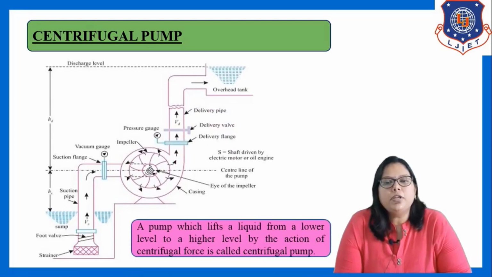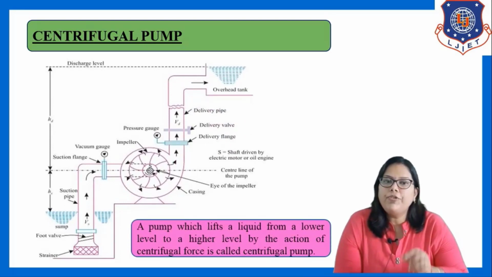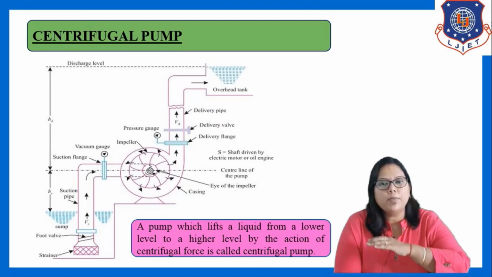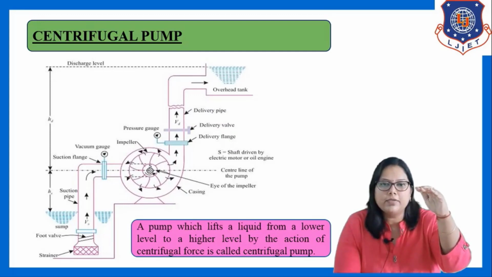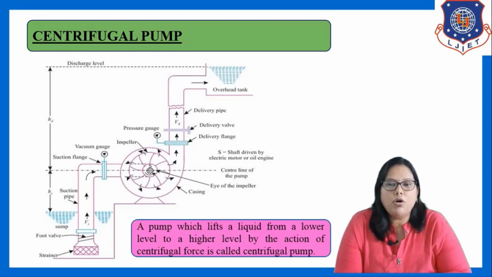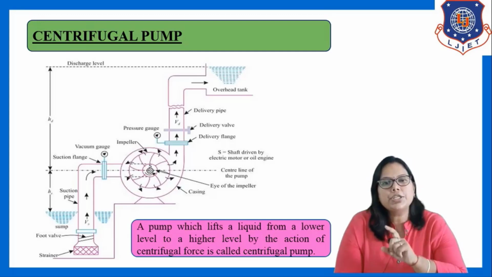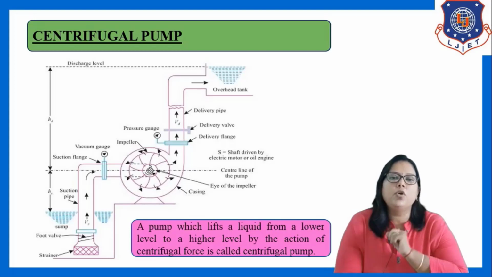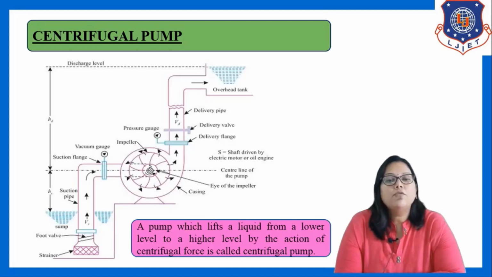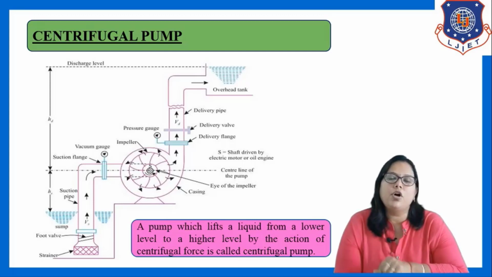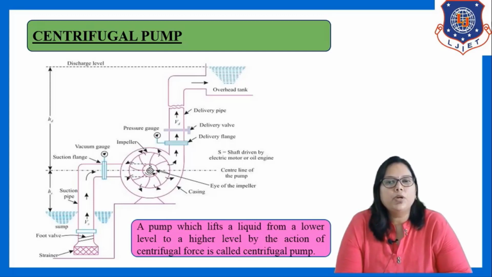Basically, a centrifugal pump is a pump which lifts a liquid from a lower level to a higher level by the action of centrifugal force, and that's why we call it a centrifugal pump.